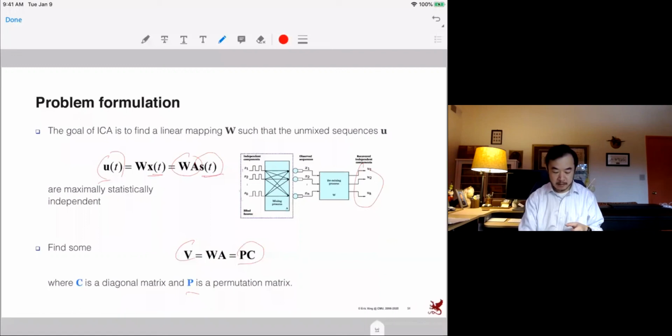If my V matrix, as a result of discovering the W and A, is of this property, then I claim that I successfully recovered all the sources up to a permutation, maybe up to some kind of scaling differences. Right. So this condition could be used as a constraint on the solution to W.